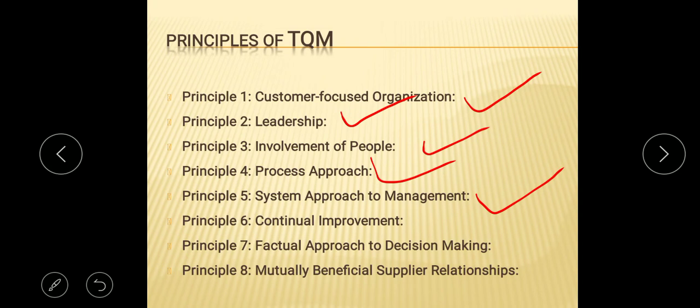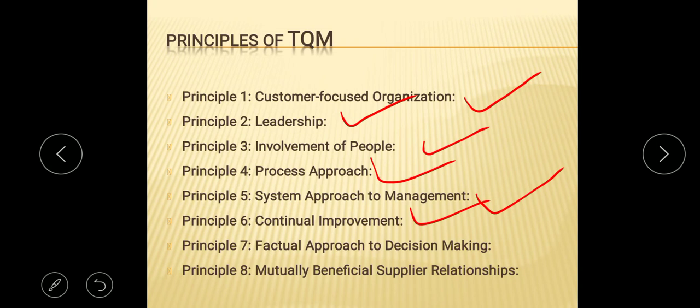Identifying, understanding, and managing a system of interrelated processes for a given objective improve the organization's effectiveness and efficiency. Principle 6 is continual improvement. Continual improvement should be a permanent objective of an organization.